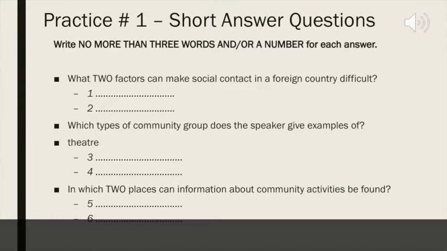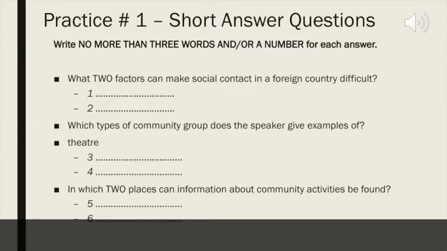Good evening and welcome to the British Council. My name is John Parker and I've been asked to talk to you briefly about certain aspects of life in the UK before you actually go there. So I'm going to talk first about the best ways of making social contacts there. Now, you might be wondering why it should be necessary. After all, we meet people all the time. But when you're living in a foreign country, it can be more difficult, not just because of the language, but because customs may be different. If you're going to work in the UK, you will probably be living in private accommodation, so it won't be quite so easy to meet people. But there are still things that you can do to help yourself.